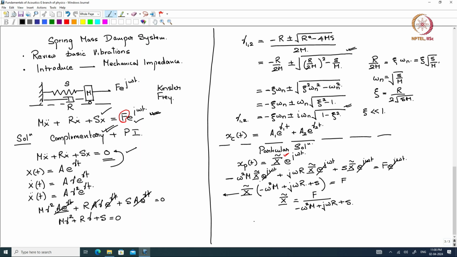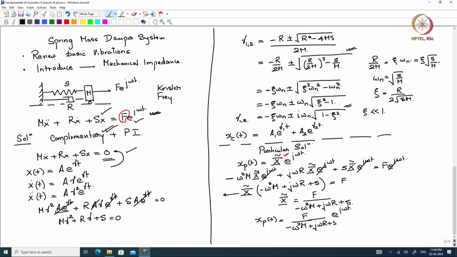So my particular solution now is, sorry, f by minus omega square m plus j omega r plus s into e to the power of j omega t.